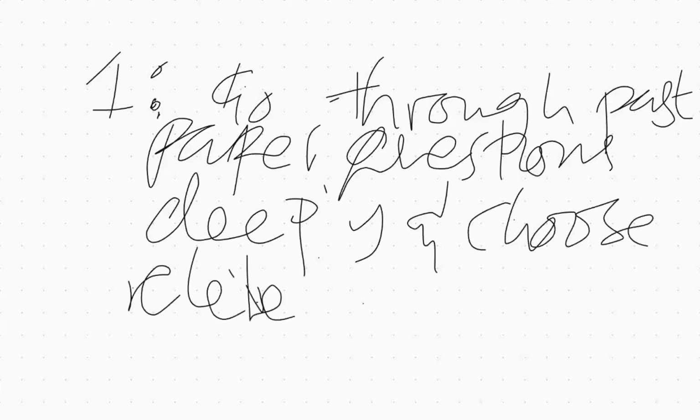Now, what do I mean by relevant question or questions? I know that you have already maybe seen your course outline. You know what you're supposed to cover. You know some of the things that you're supposed to teach.